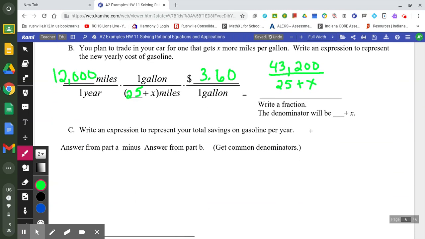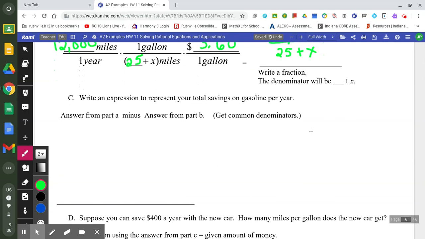Then we move down to part C, and we are going to write an expression to represent the total savings of gasoline per year. And to do that, we're going to take the answer from part A, which for me was 1,728.